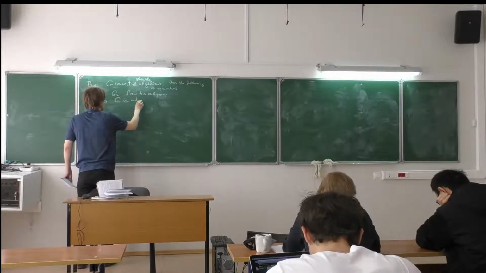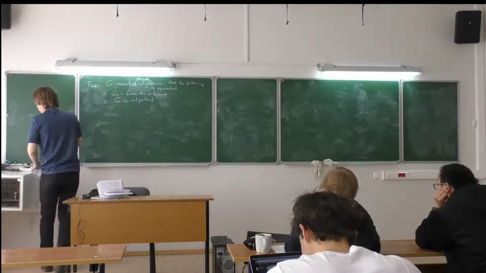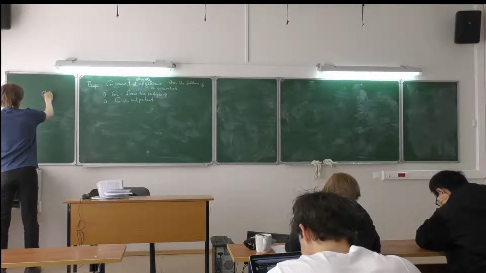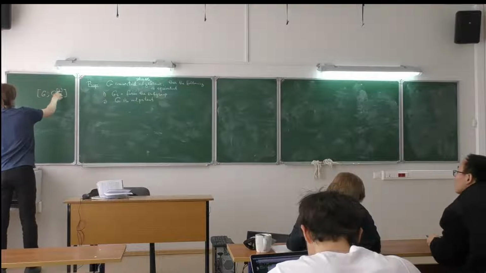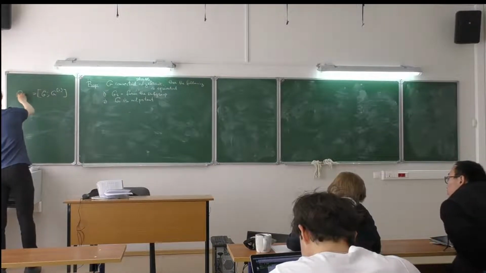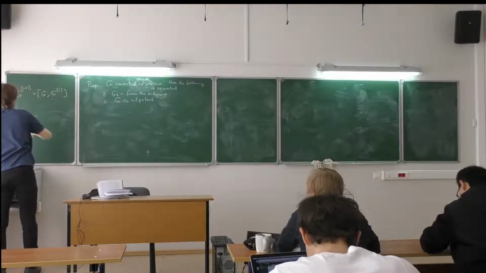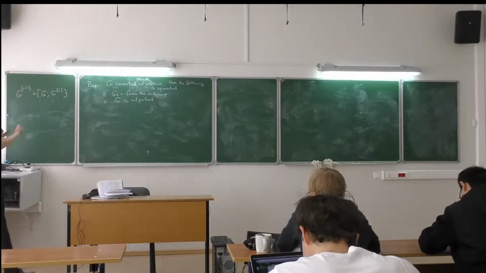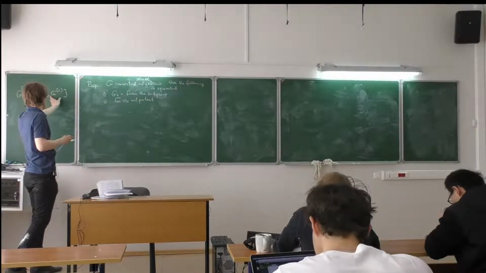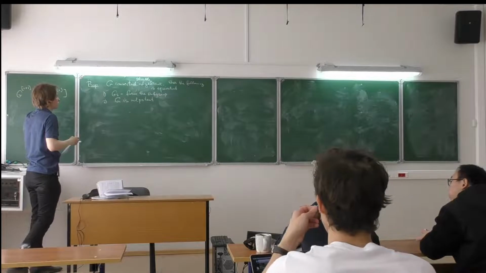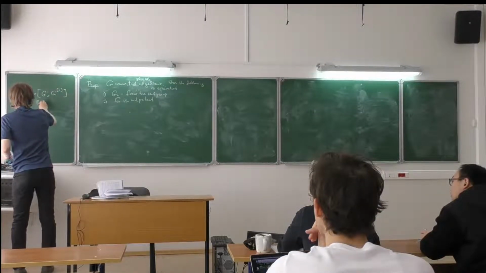Nilpotent means that the corresponding series, which differs from the commutant series, is as follows: you apply the commutator to the whole G, and then to G_i, the previous commutator, and this should hold for large n.